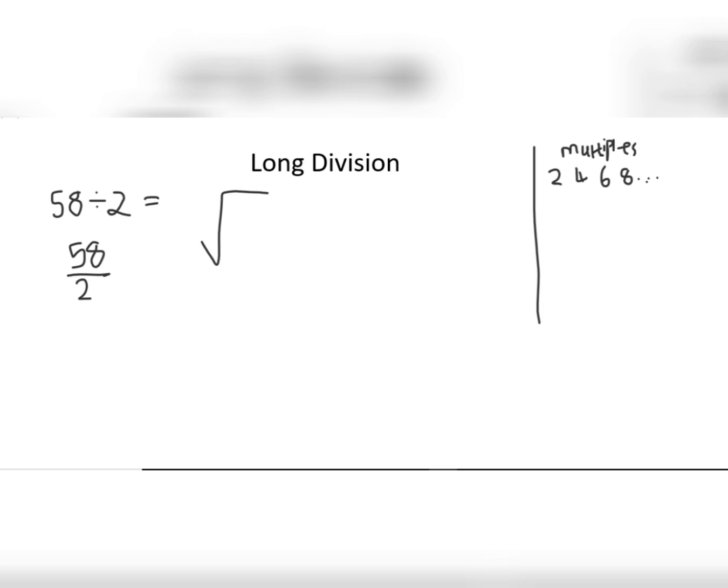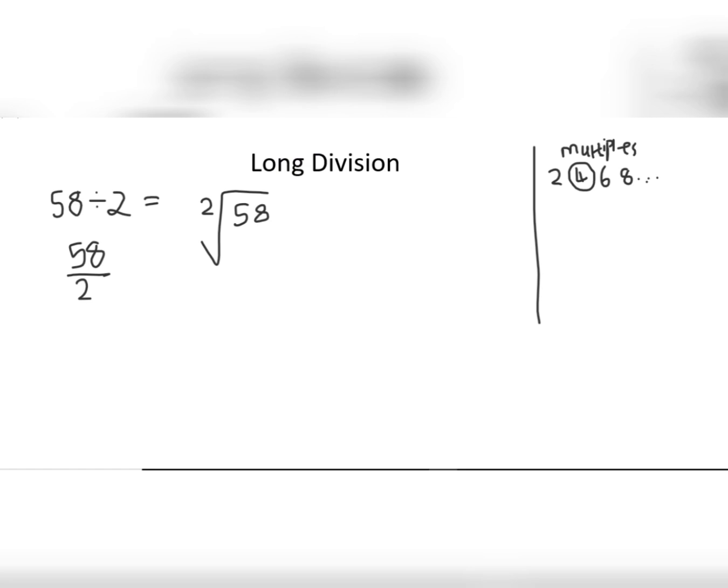So let's see how that is done. You write 58 here and you write 2 here. Now after writing it like this, the first thing you do is to say how many times can 2 go in 5. Now I have multiples of 2 right here. 2 times 1 is 2, 2 times 2 is 4, 2 times 3 is 6. So there is no 5 here, but the closest answer here is 4.